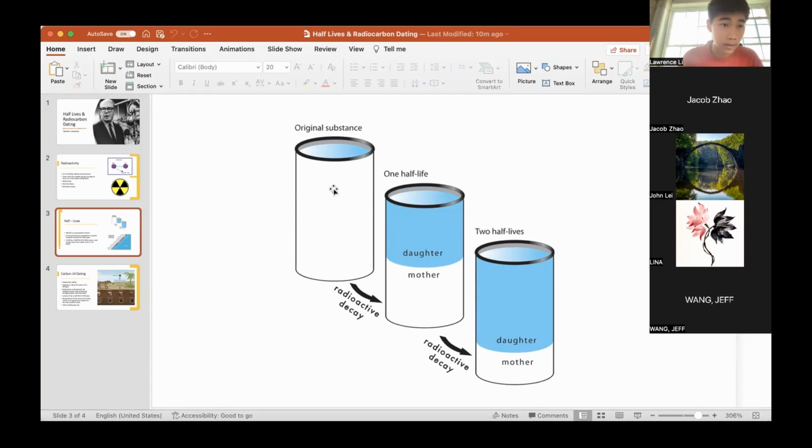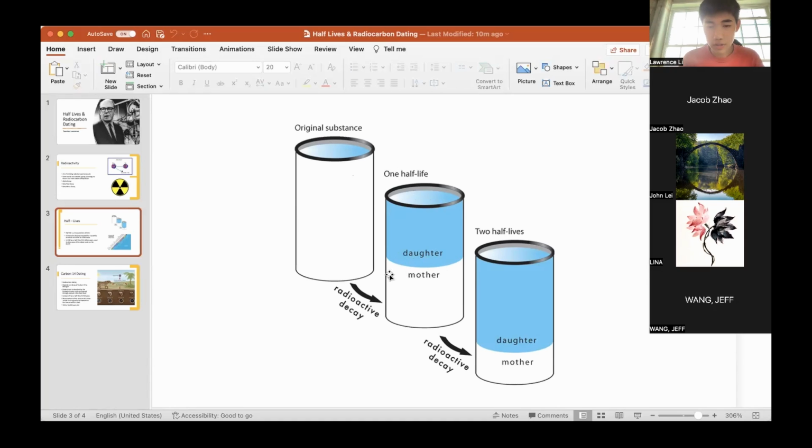So we can see here in the original substance, it is completely white. We don't see that much blue, and the jar is completely filled with white. In one half-life, the jar is only filled halfway with white, and half of the jar is occupied with this blue substance.